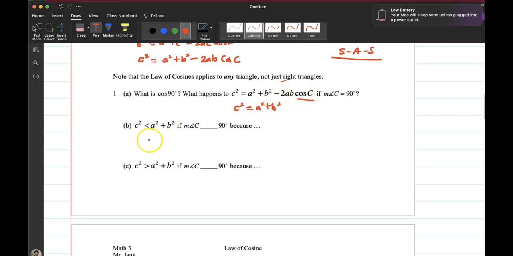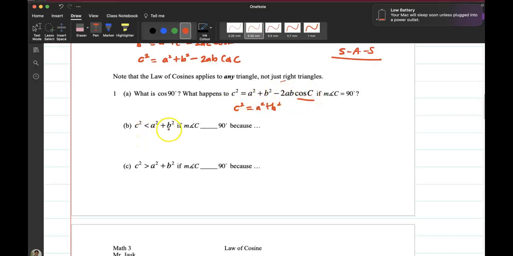Your c square is less than a square plus b square. So if your c square is less than a square plus b square, then what can you say about angle C? Will it be obtuse or acute? Obtuse? See, for a right angle c square is equal to this.